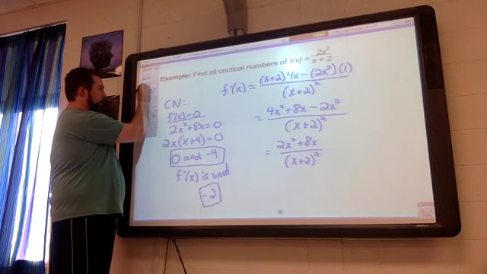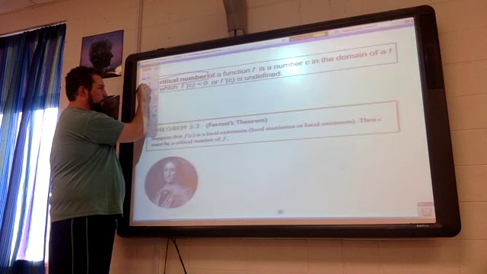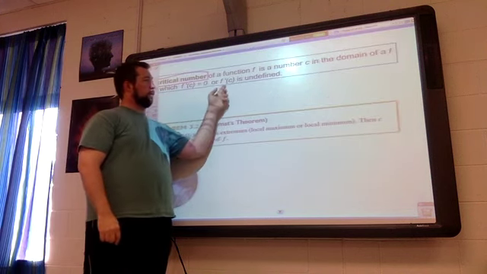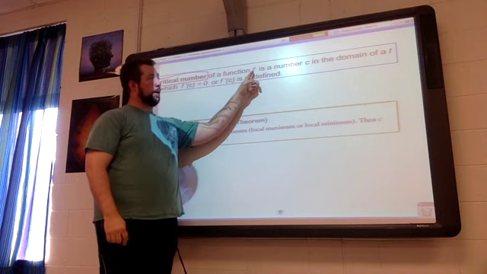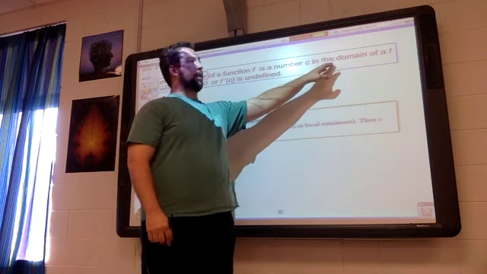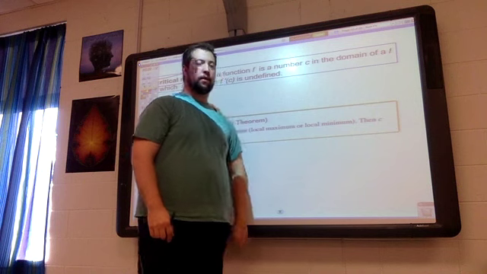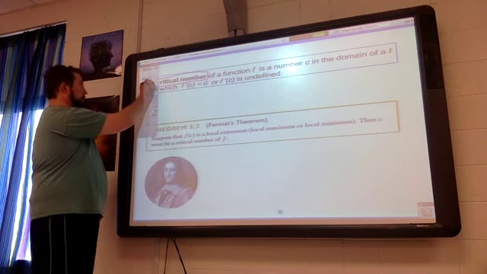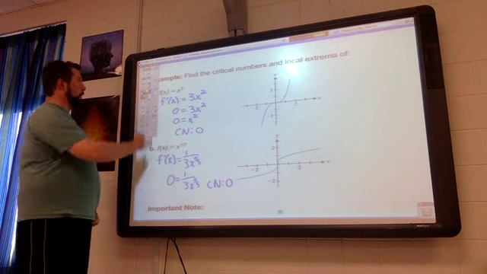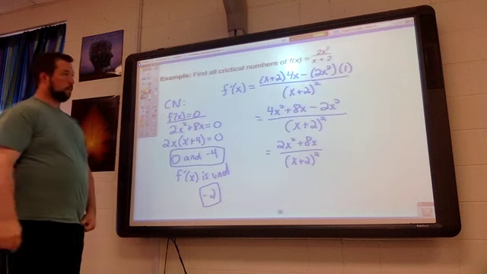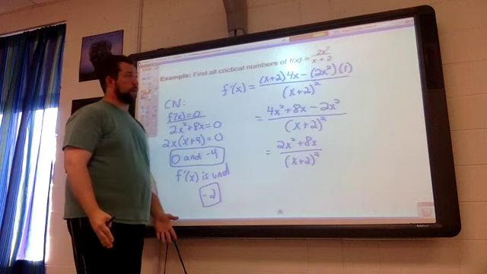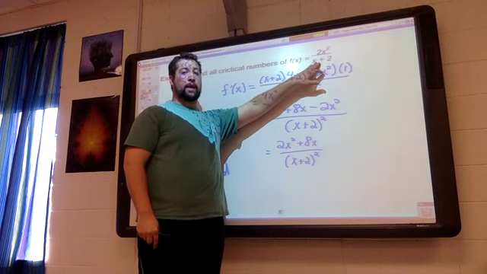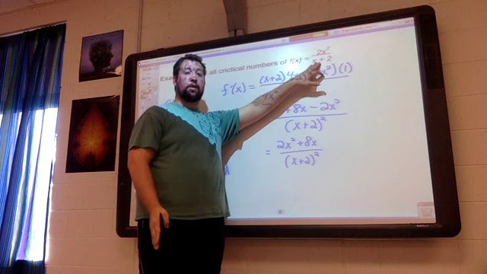But let's go back and look at that definition of critical numbers again. If the derivative is 0 or the derivative is undefined, but that c has to be in the domain of f. That means you actually get a value there. So if you look at that one, if you're familiar with rational expressions, since the bottom is 0 in the regular function, we learned last year that there's probably going to be a vertical asymptote there.